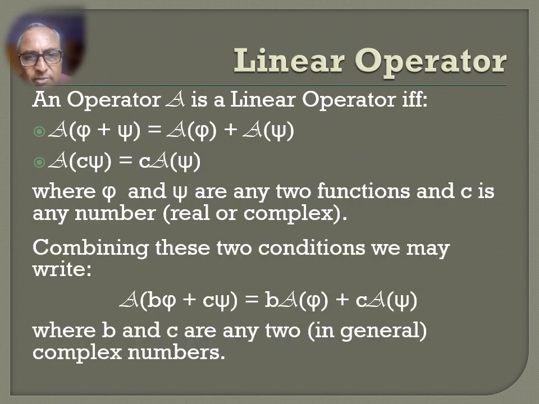These two conditions can be combined into a single equation by writing A operating on B phi plus C psi, where B and C are two in general complex numbers, gives B times A operating on phi plus C times A operating on psi.